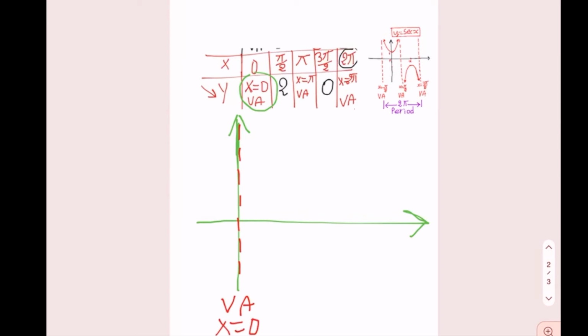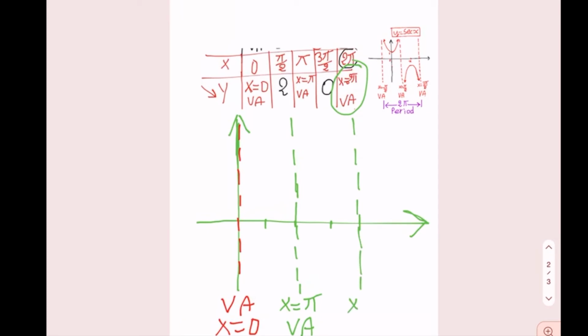Now I draw the second asymptote, at x equals pi. Now we draw the third asymptote at 2 pi. Make sure you respect your scale. Every gap of pi I have an asymptote.